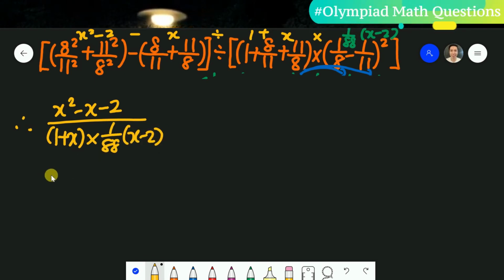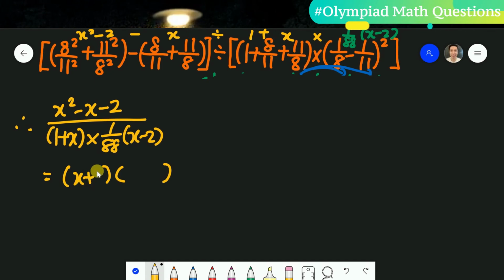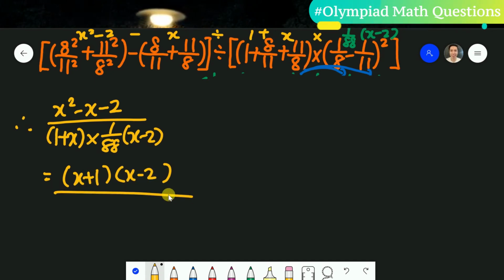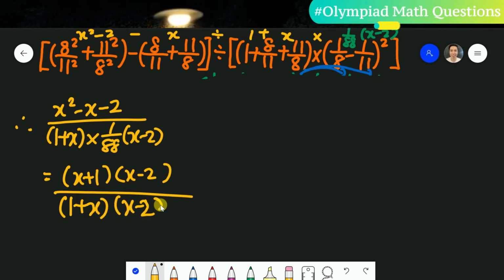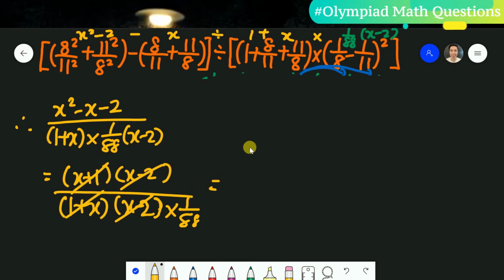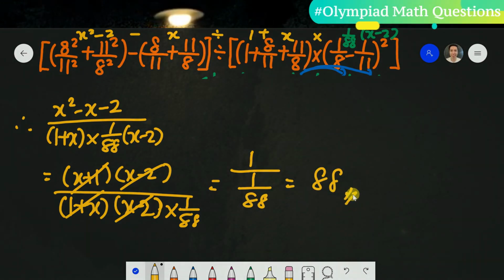Then we factorize the top part and get x plus 1 and x minus 2. The bottom part is 1 plus x times x minus 2 times 1 over 88. These two can cancel, so eventually we get 1 over 1 over 88, which is 88.